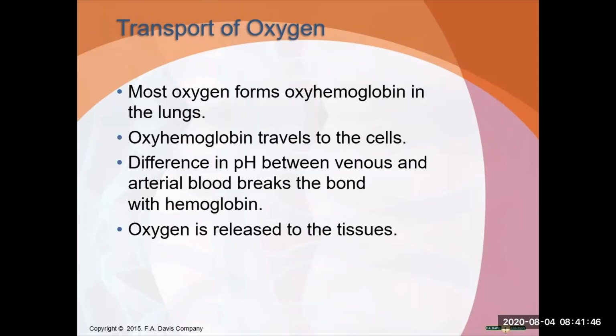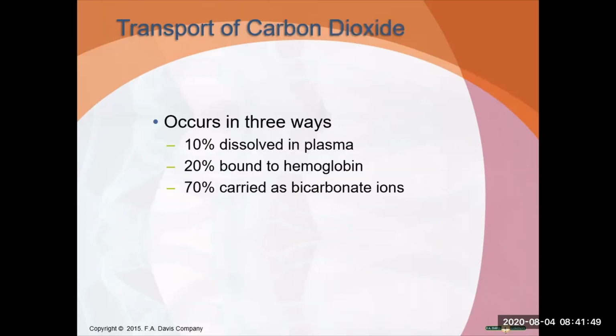Transport of carbon dioxide. Carbon dioxide is transported from the tissues to the lungs in 3 ways. About 10% is dissolved in the plasma. Another 20% is bound to hemoglobin, forming carbaminohemoglobin. Hemoglobin can transport both oxygen and carbon dioxide at the same time because they bind to different sites on the hemoglobin molecule.